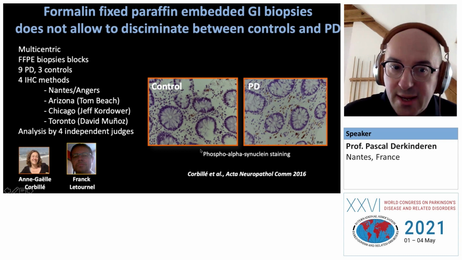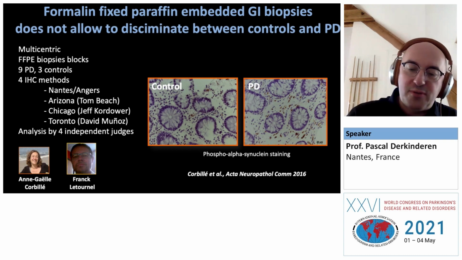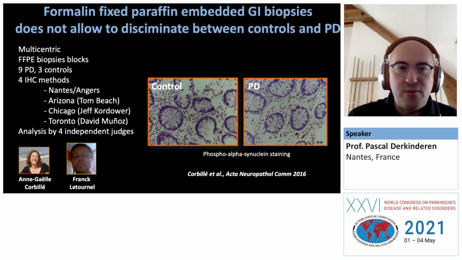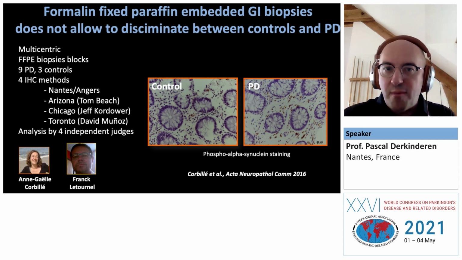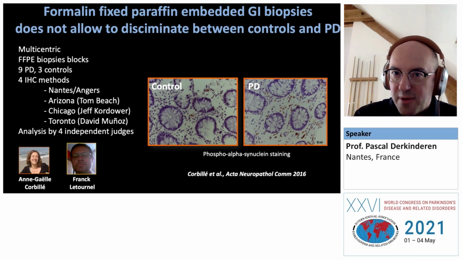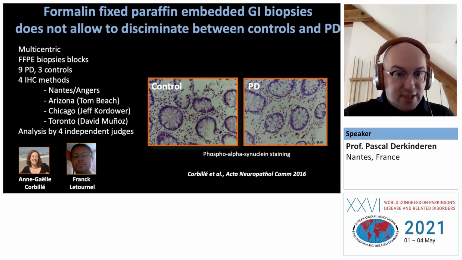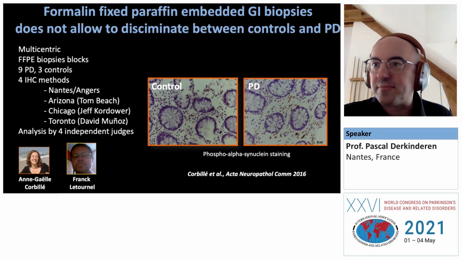Again, it doesn't work for the discrimination between PD and controls. So it's maybe a bit tricky to use these formalin-fixed paraffin-embedded biopsies for the detection of Lewy pathology in GI biopsies.